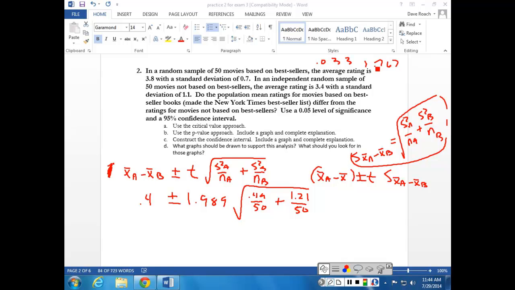I know that since I rejected H0, this interval isn't going to include 0, but I'm going to go ahead and compute it by hand too: 4 minus 1.989 times the square root, and that's what I get, 0.33 to 0.767.